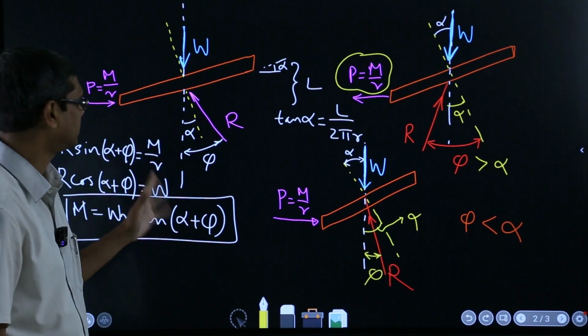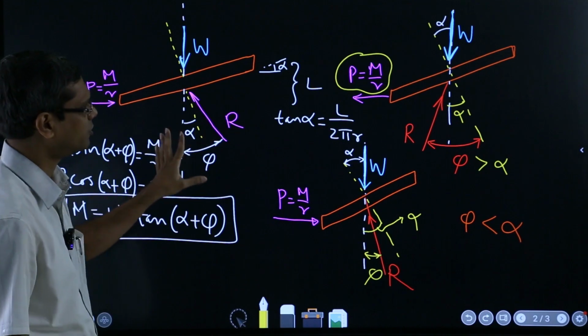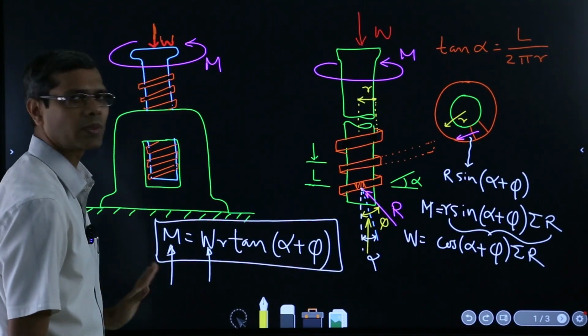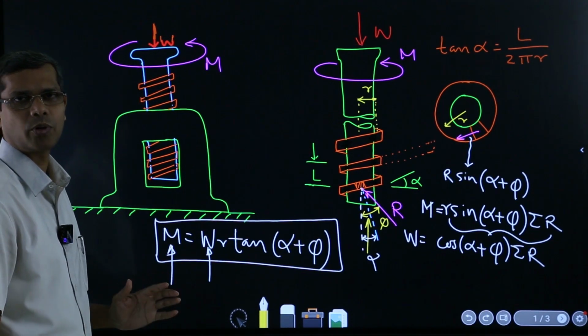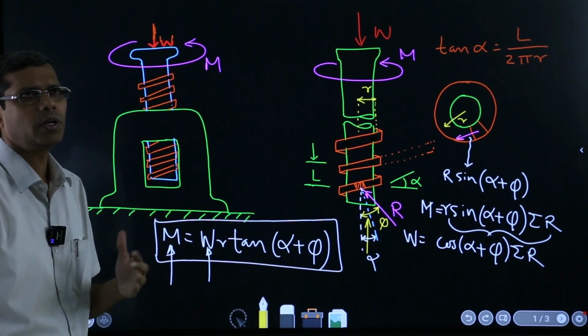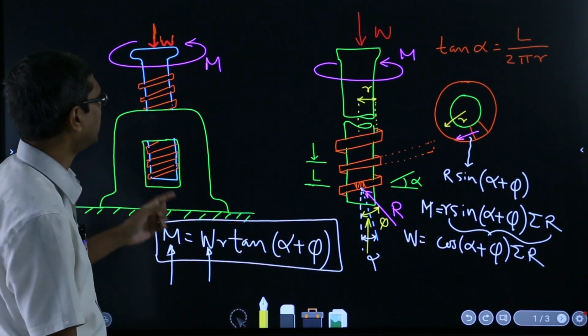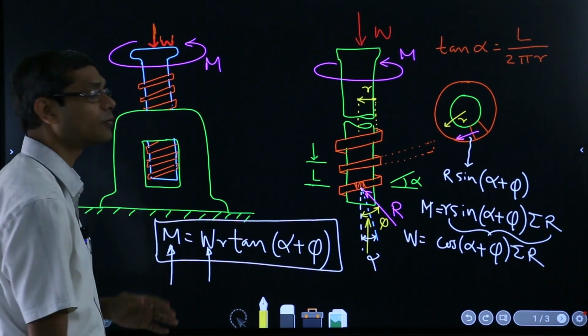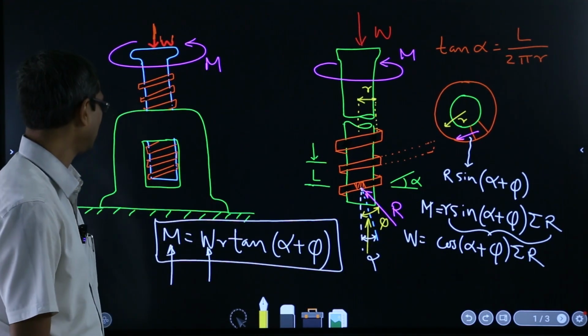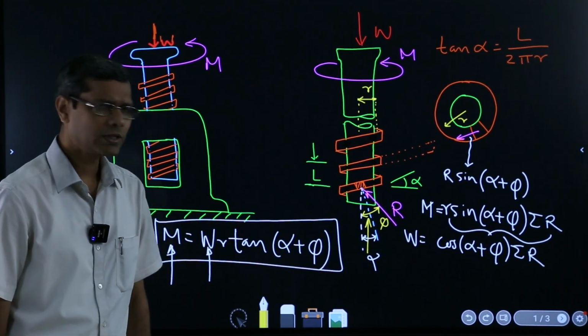All these things can be seen from this picture. So both this interpretation and this one are very important to understand and to visualize any problem to be solved under these types of screw thread problems.